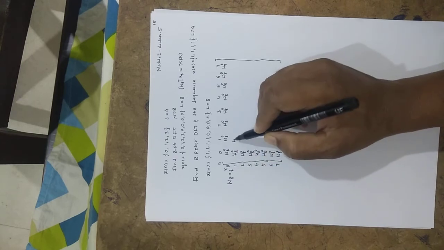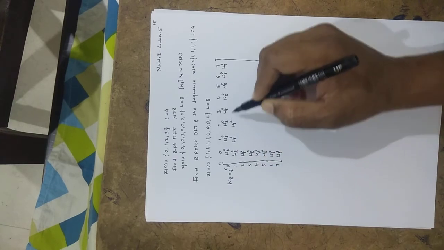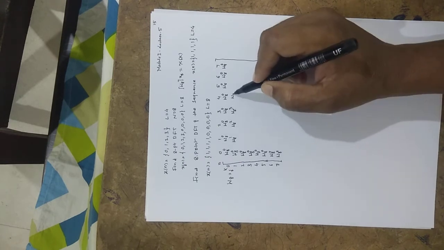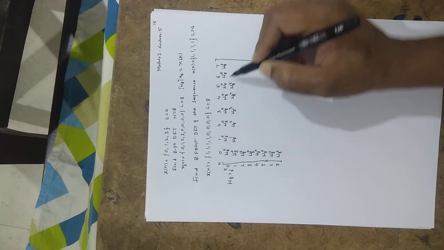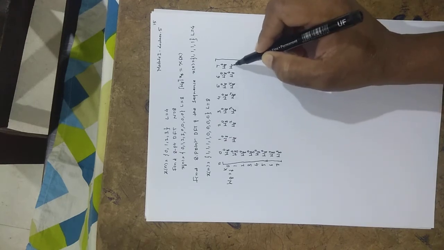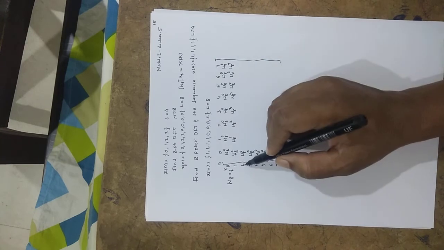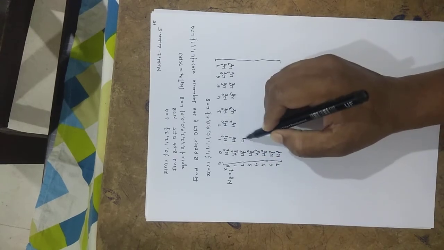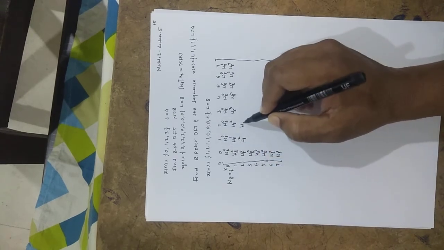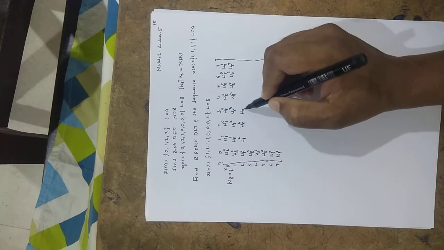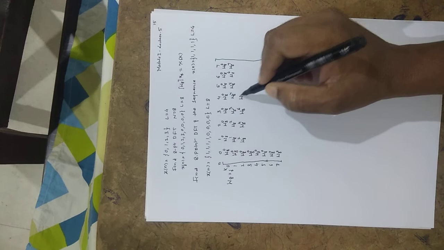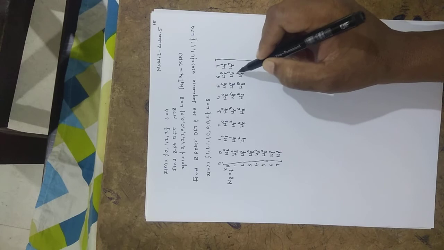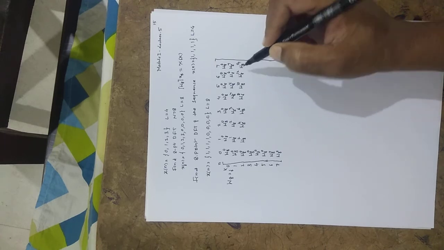1 and 1, W8 raised to 1, W8 raised to 2, since k is 1, n varies. So here k equal to 2, n varies from 0 to 7. W8 raised to 2 into 1 is 2, 4, 2 into 3 is 6, 8, 10, 12, 14.